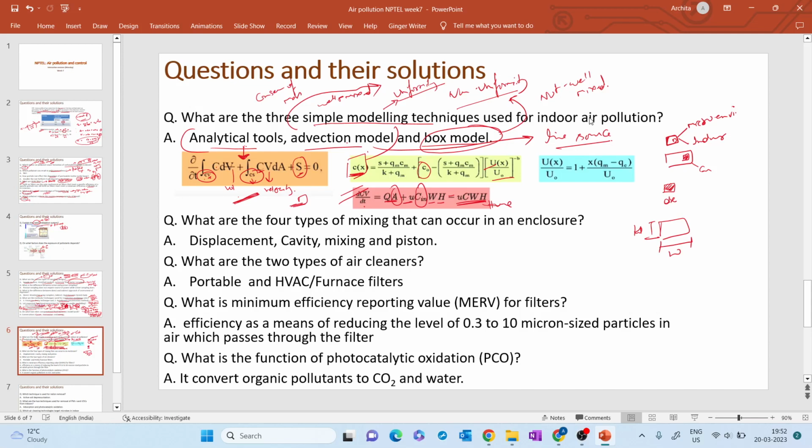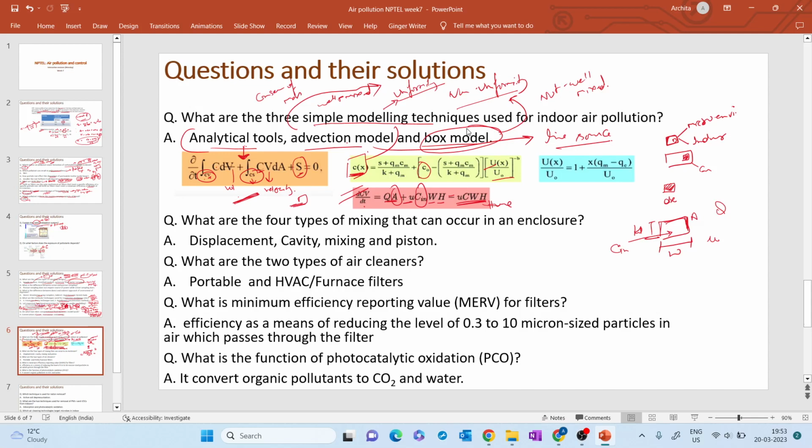The most preferred one is the box model, and it's the easiest one, because all you need is to know, in a particular box, what is the initial concentration of any pollutant, and then what is the concentration of pollutant that is entering the system, and what is the speed of air, what is the emission rate, and what is the area of this particular box, and you will get a value for the change in concentration with time.